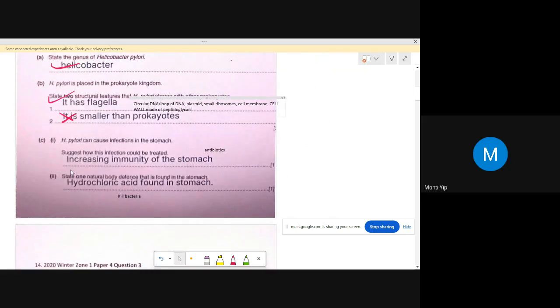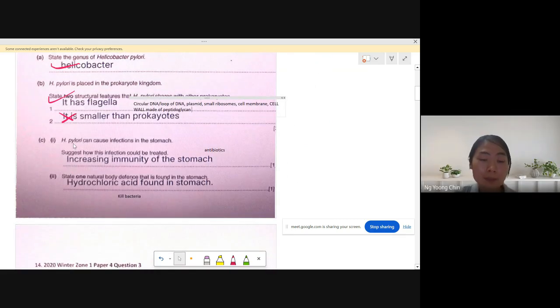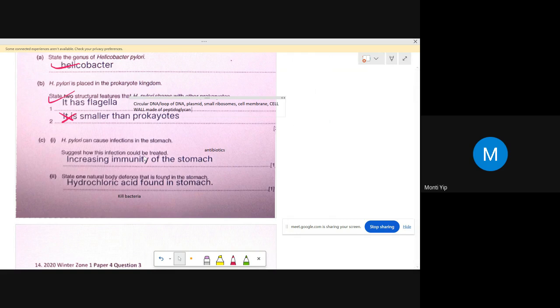Now, this bacteria, Helicobacter pylori, can cause infection in the stomach. So suggest how this infection can be treated. Imagine that when you are infected with a bacteria and you visit the clinic, if the doctor suspects a bacterial infection, what kind of medicine will they give you?